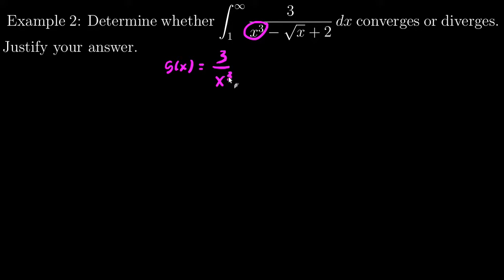We know this converges because p is bigger than 1, and I have an integral going off to infinity, but this here is not always bigger than this function. So the problem is, we know that this integral of this g of x from 1 to infinity converges.